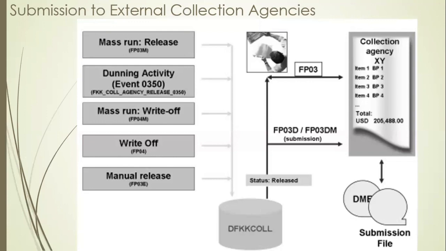If the write-off happens, in that case, we need to release most of these accounts manually. But if the amount is very high, in that case, we need to do some customization to release them all. So the status, once it is written off, you can see DFKKCOLL, those line items need to be cleared.